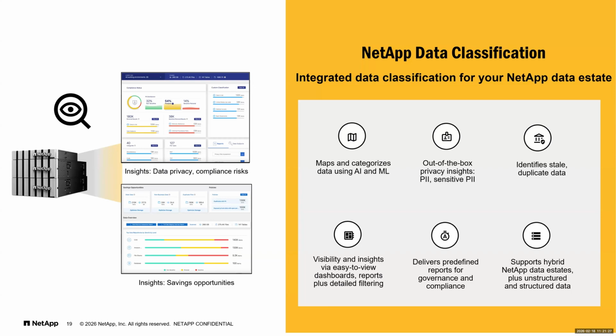NetApp data classification uses advanced AI, machine learning, and NLP to automatically scan, map, and classify both structured and unstructured data. Instead of relying on simple pattern matching, it understands data context, enabling more accurate identification of sensitive and regulated information.